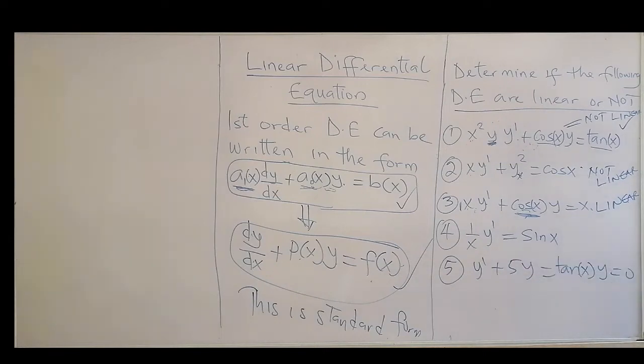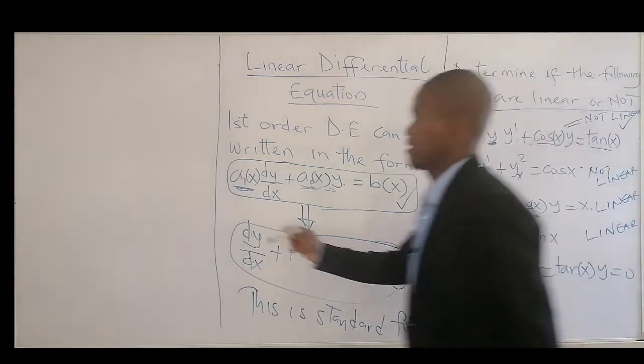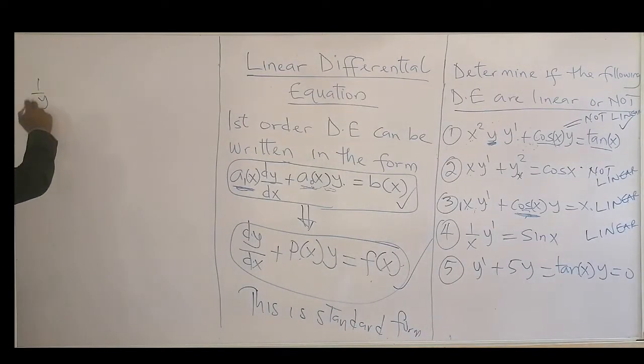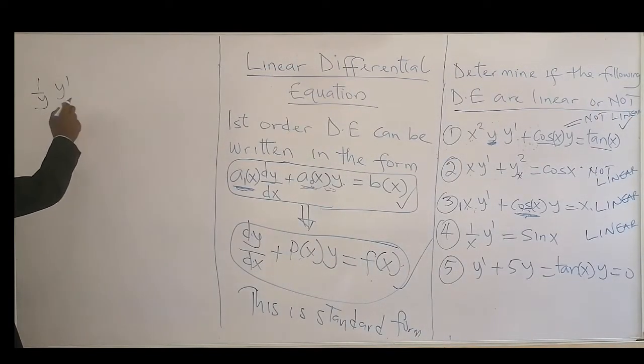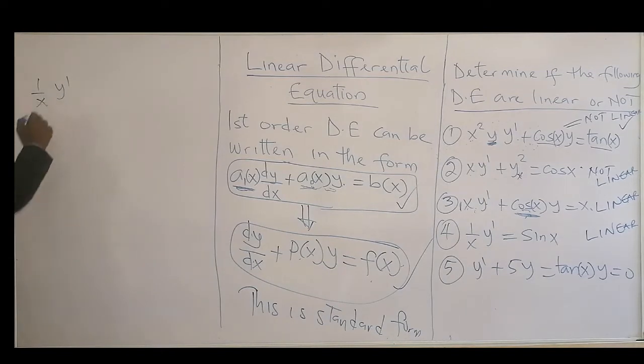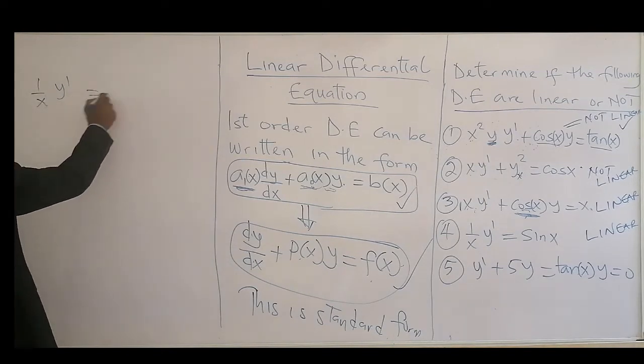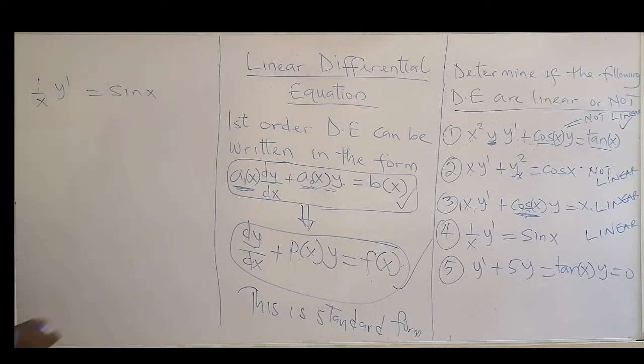For this one, let's check it. This is also linear, whereby your p of x, let's take it 1 over y, y prime, 1 over x equal to sine x.